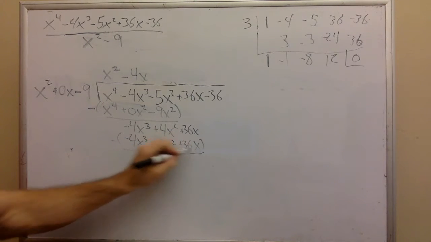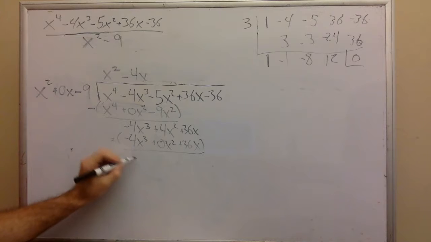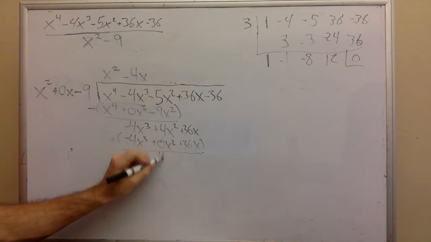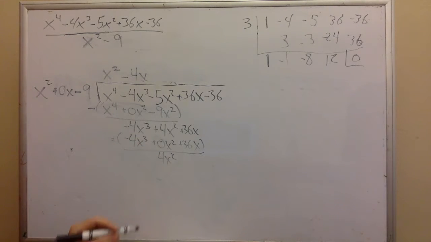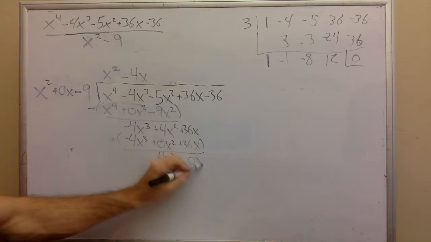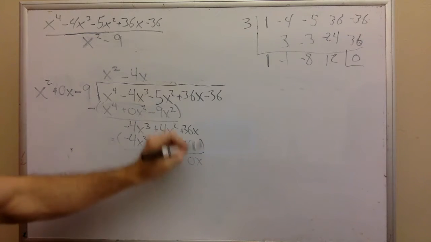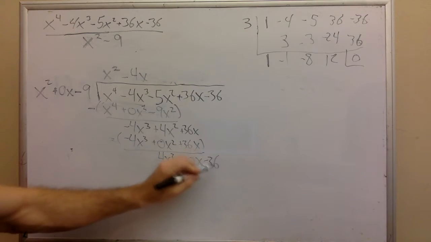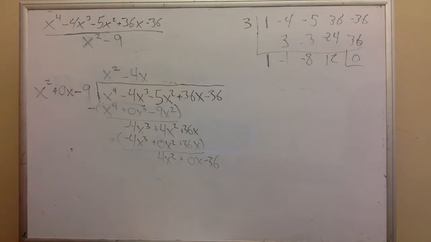And when I subtract, this term disappears. This term is 4x squared. This term disappears, so 0x. And then I want to drop my third term so that I have the same number of terms here. And then I look at my leading terms again. I have x squared.